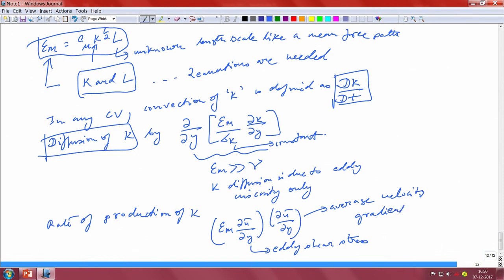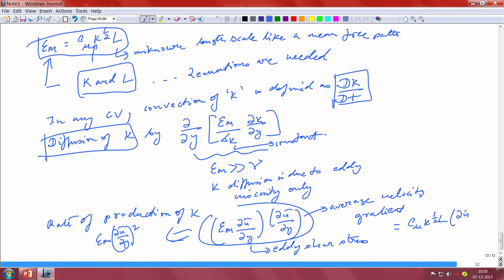So, this is the production term. This entire thing is subsequently written as epsilon m du bar by dy squared, which I am writing here as C mu k half L du bar by dy whole squared, something like that.